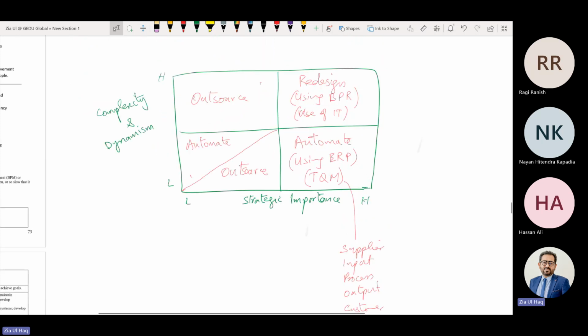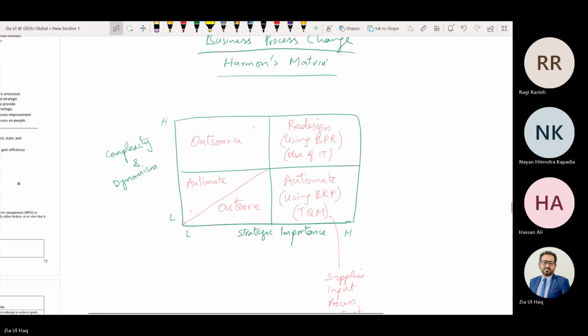So according to Harmon's matrix, if you require any change in business processes, how can we manage that change, what strategies should we adopt? There are 3 strategies: redesign, outsource, automate.